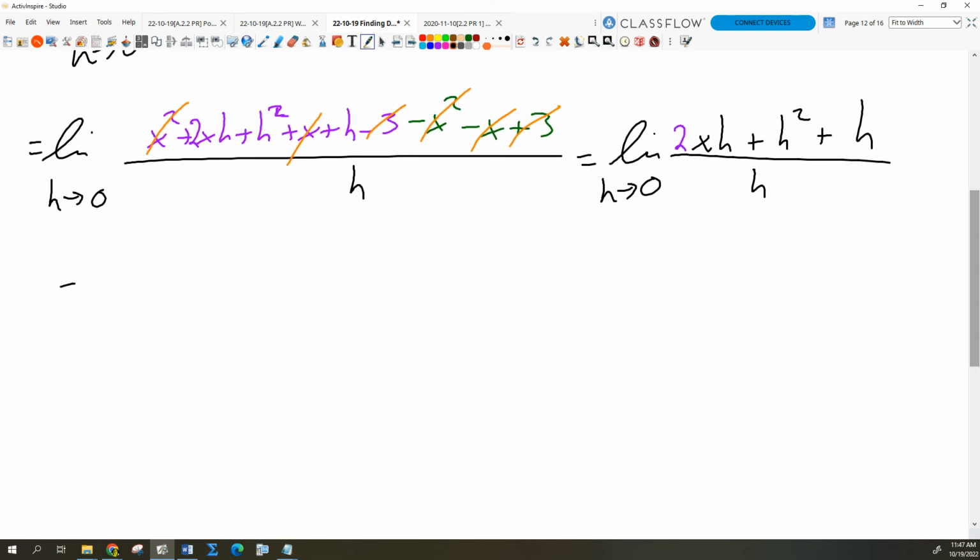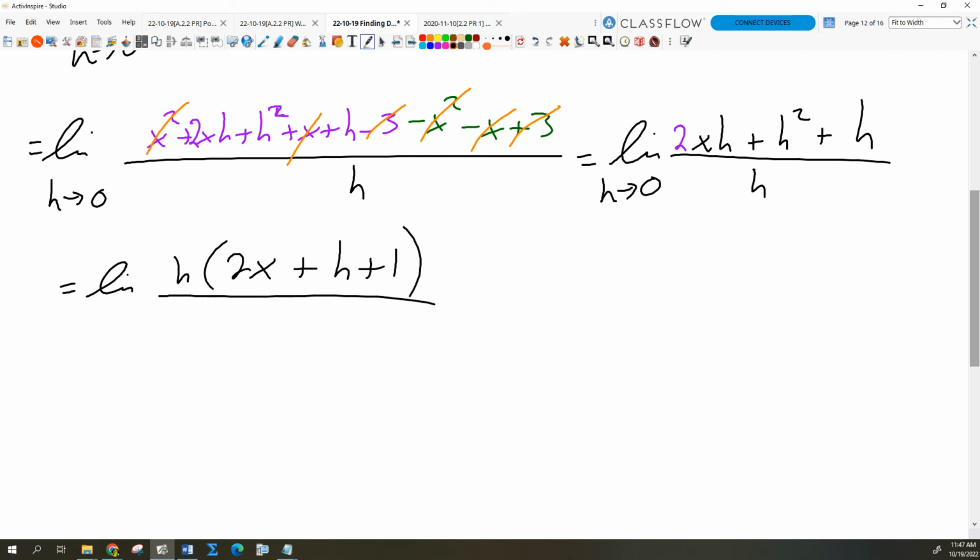So I get the limit of h times 2x plus h plus 1 all over h as h goes to 0. I get my vertical cancellation here, so those guys are gone. And now I can evaluate the limit. Let h go to 0.